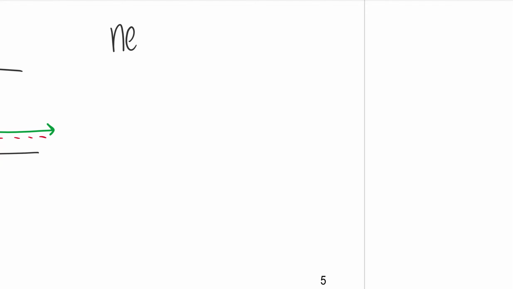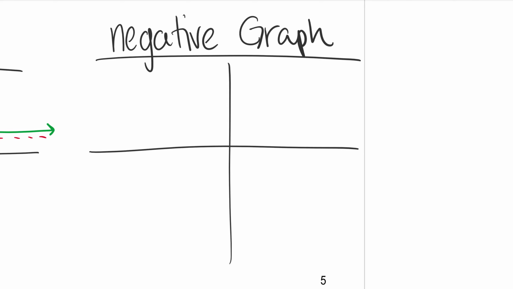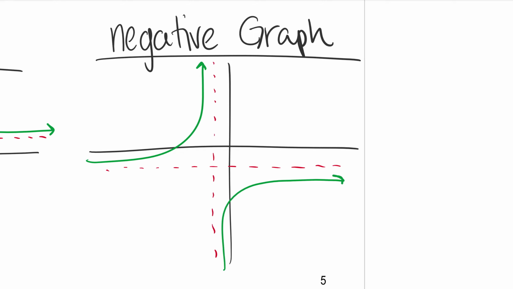So I have negative. So I have a graph. Again, I'm just going to make up asymptotes. Let's say I'm over here and here. So if I'm negative, I'm going to go in the top left corner and go up, and then the bottom right corner and also go up.